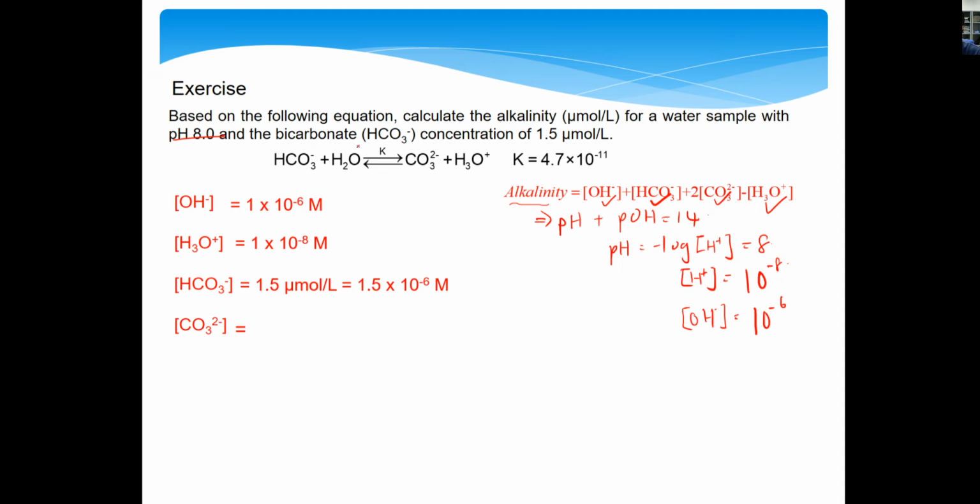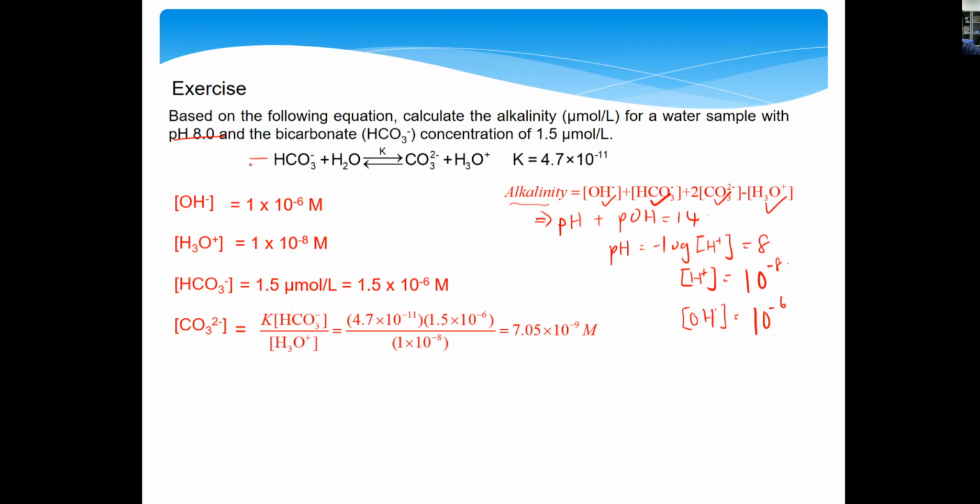And then the bicarbonate concentration is given as 1.5 micromolar. I have converted it into 1.5 times 10 to the power of negative 6 molar, to make the calculation easier. For the carbonate, it is not so straightforward.